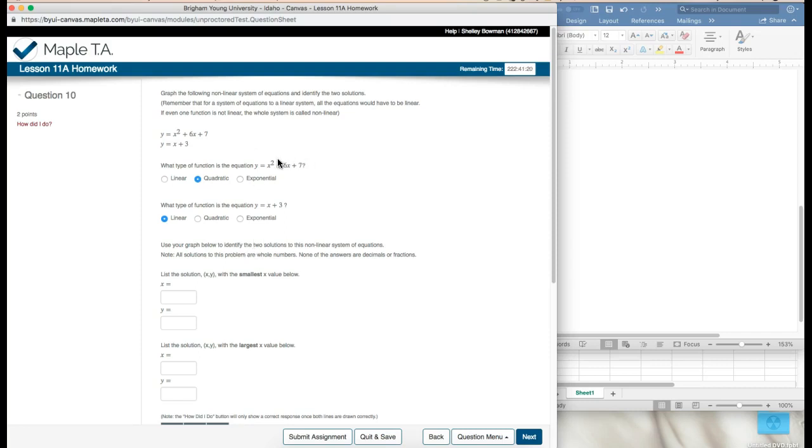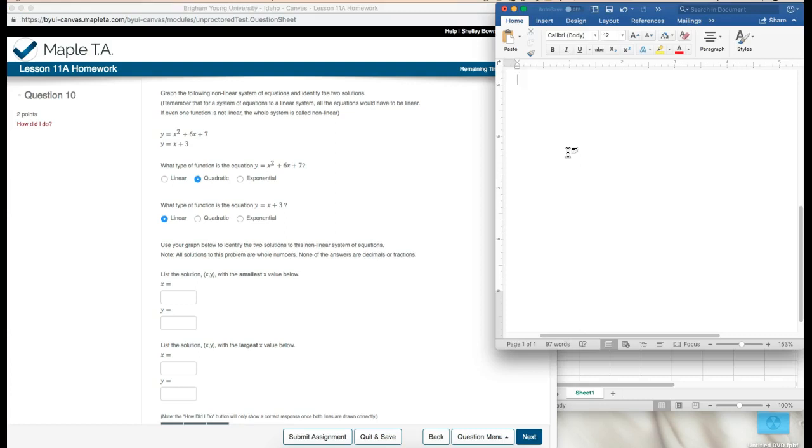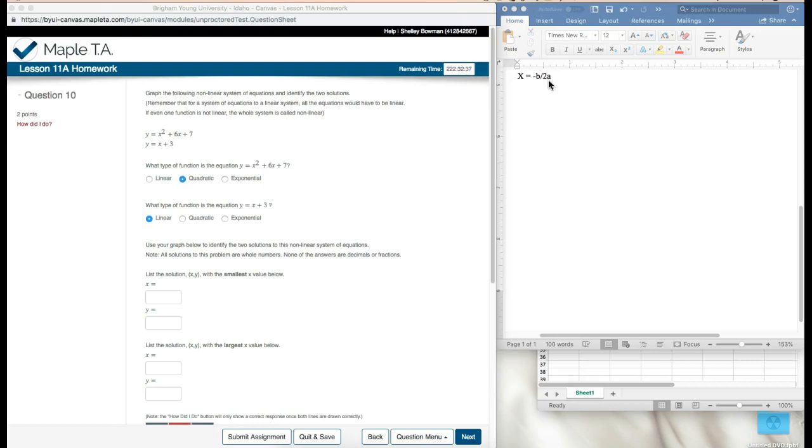So the first thing I need to do is graph this equation here. To graph that, I first need the vertex. To find the vertex, the first thing I want to do is find the x coordinate of the vertex. To find that, the equation is negative b divided by 2a.